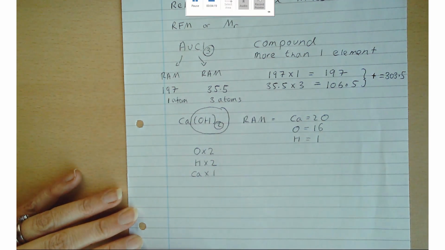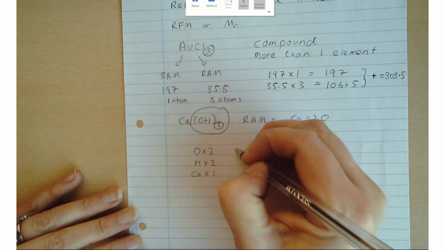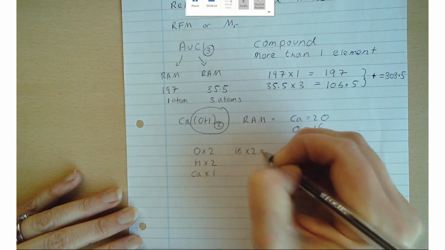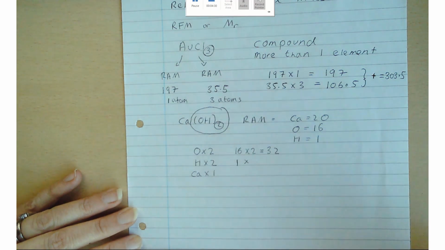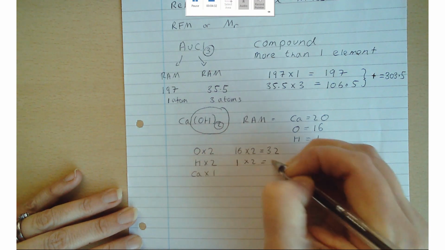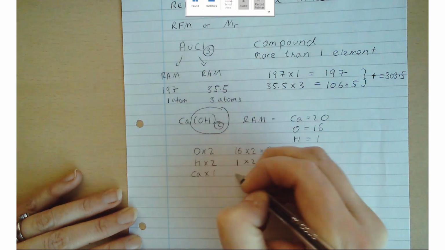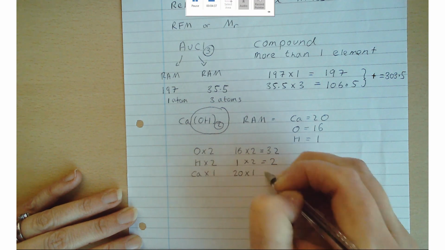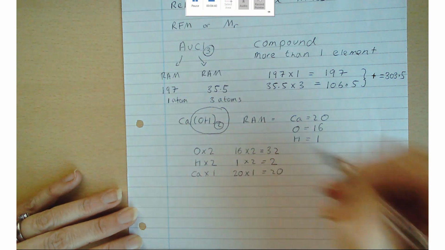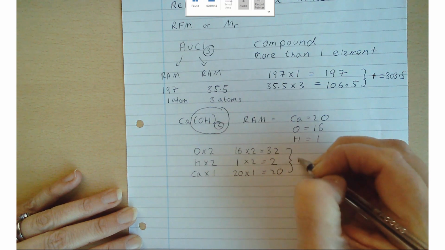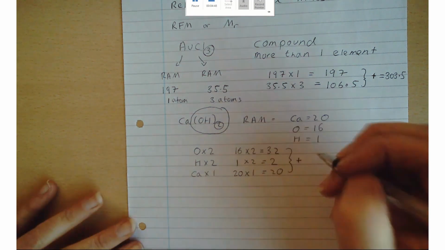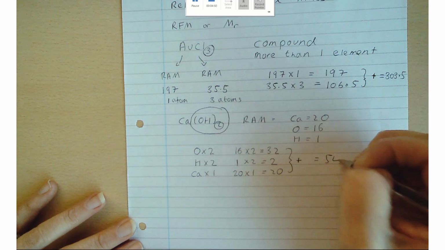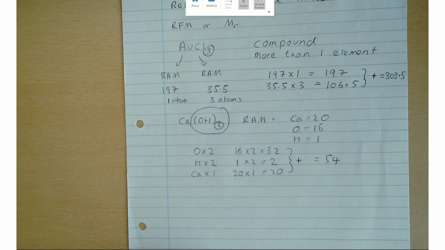Using the relative atomic mass given in the question, 16 times 2 is equal to 32. 1, which is the mass of hydrogen, times 2 is equal to 2, and calcium 20 times 1 is equal to 20. And if I now add 32, 2 and 20, I get 54. That is the relative formula mass of this compound using brackets.